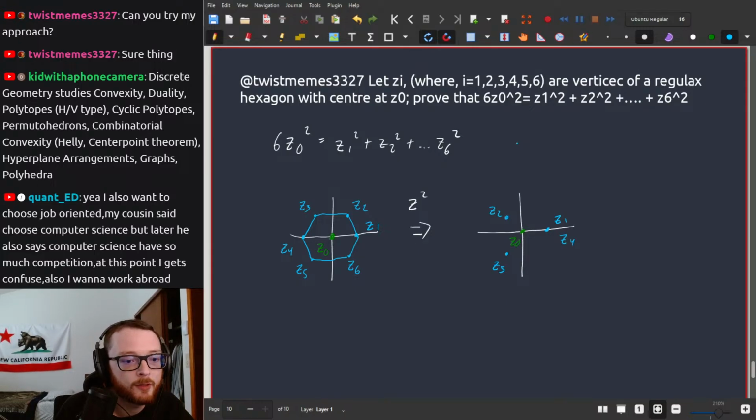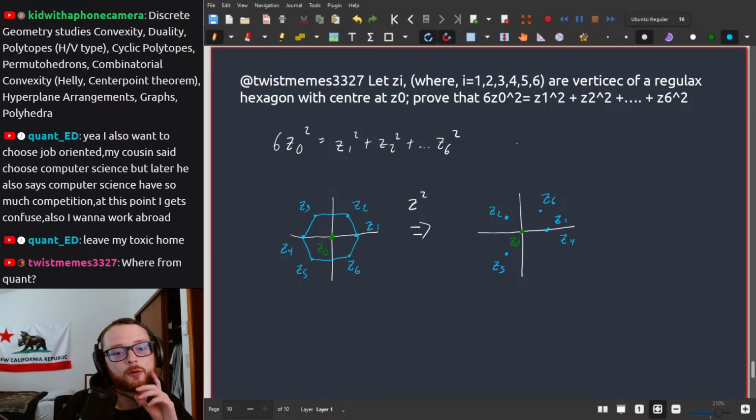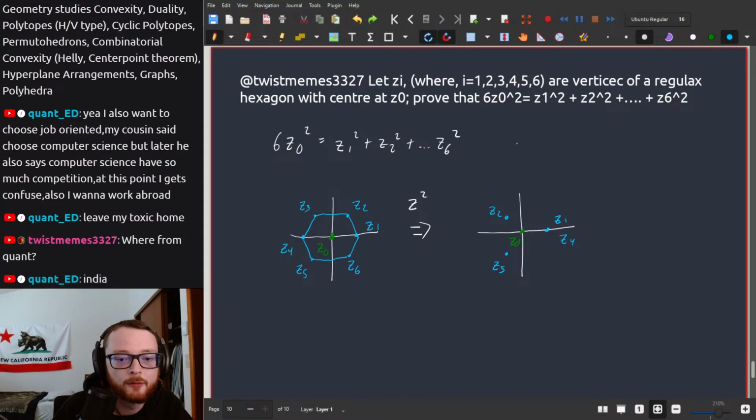And then if z6 gets squared, I guess it ends up at z2. That's kind of weird. These don't feel like they're canceling.